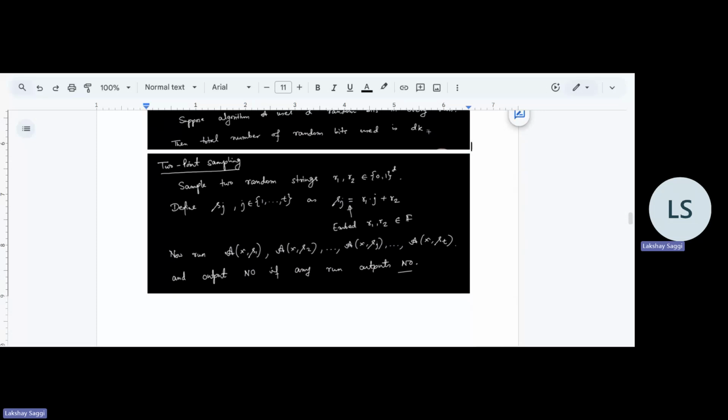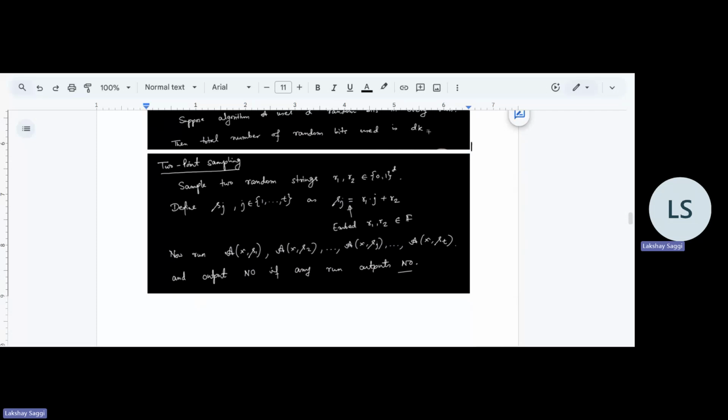And what does the high level idea look like? Instead of sampling k random strings of length d, once for each of the k executions of the algorithm, we just randomly sample two strings of length d each.